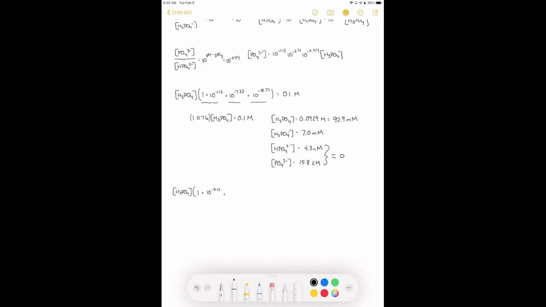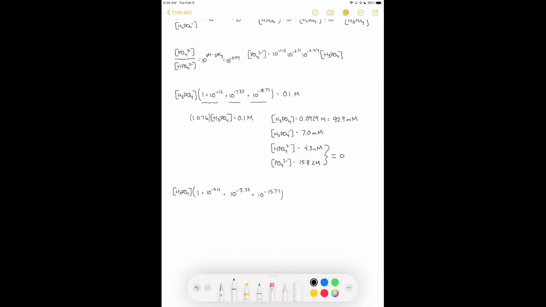So then instead of multiplying those first two, we would multiply again just with 2's there instead of 1. So we would get 10 to the minus 5.33, and then plus 10 to the minus 15.77 here.